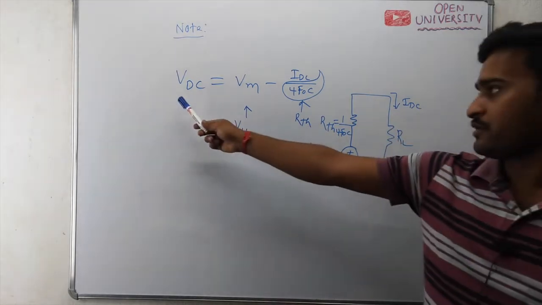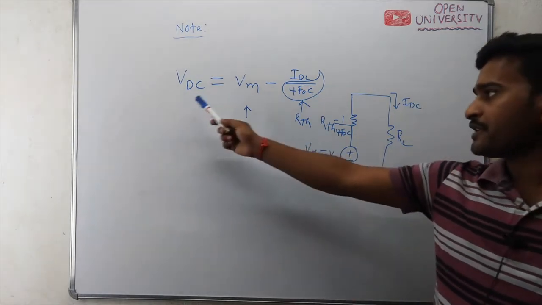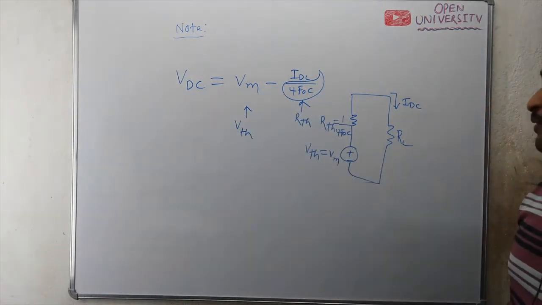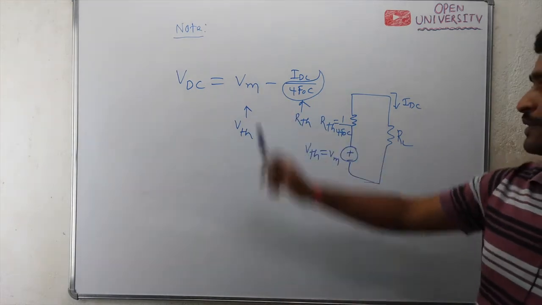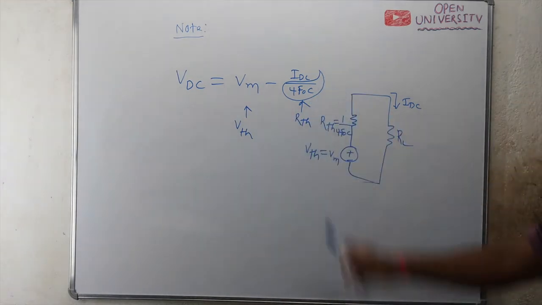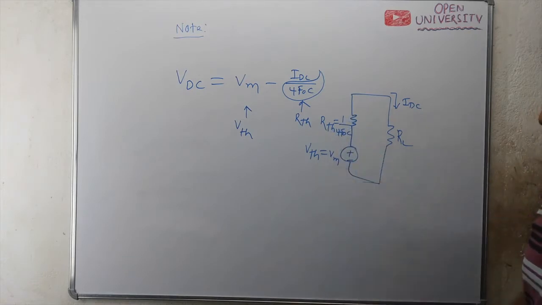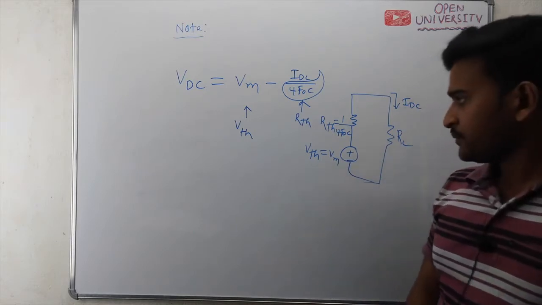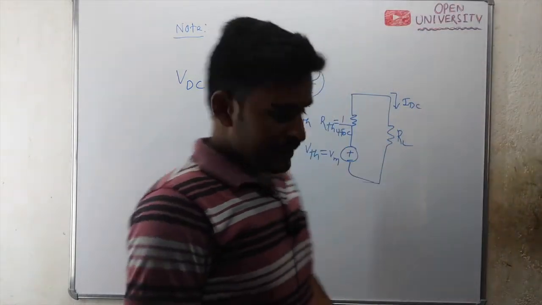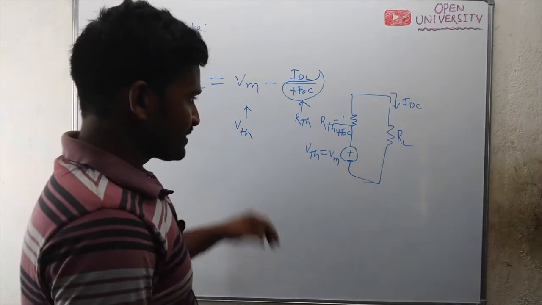Write down this equation: VDC equal to Vm minus IDC by 4 F naught C, where VTH equal to Vm and RTH equal to 1 by 4 F naught C. This is the Thevenin's equivalent circuit of your full wave rectifier with capacitor filter.